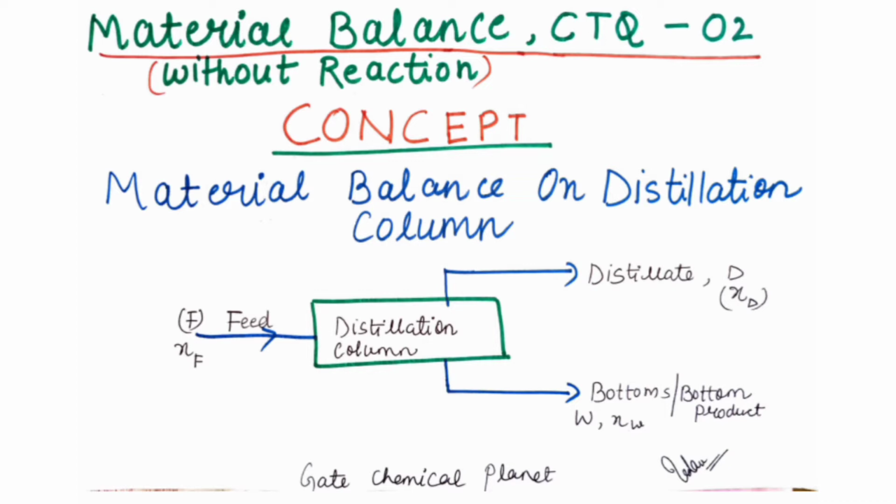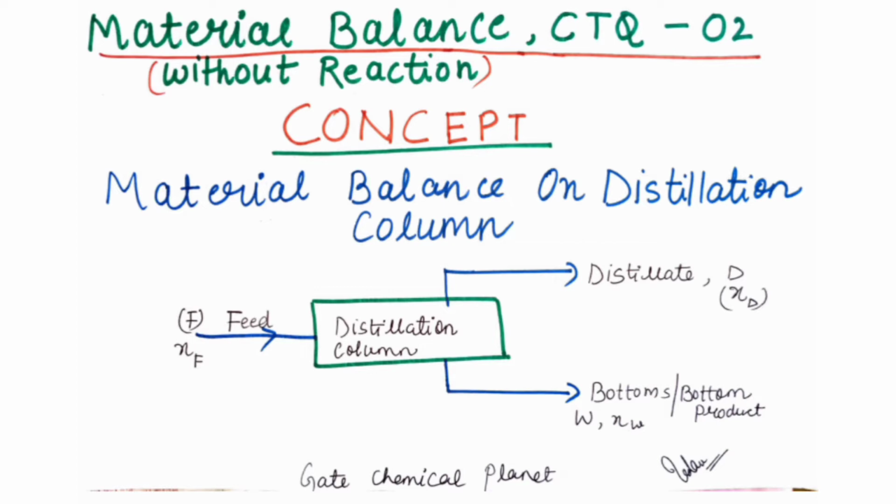What is a distillation column? Distillation is the operation which is used for the separation of the components of a liquid mixture by partial vaporization and condensation. Distillation with rectification, or fractional distillation, gives almost pure product.